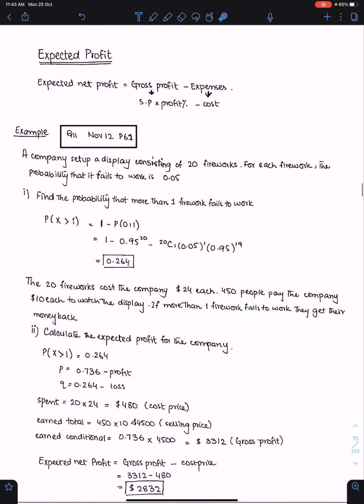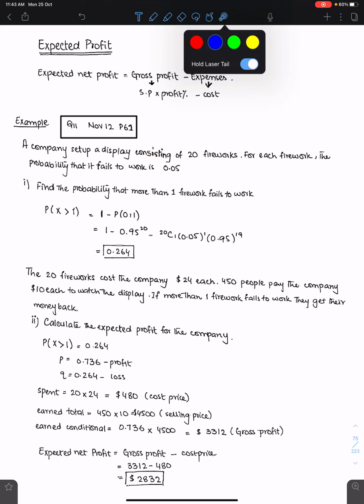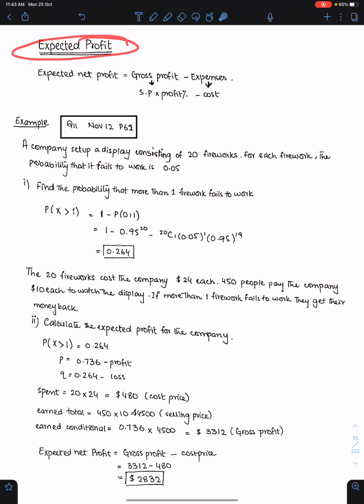The last few concepts are left. Expected profit. This is a unique question in past paper. Question 11, November 12, paper 61. So expected net profit. The formula for expected net profit is gross profit minus expenses.